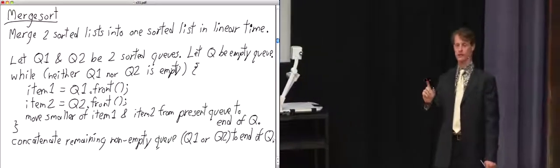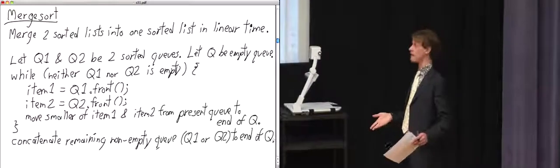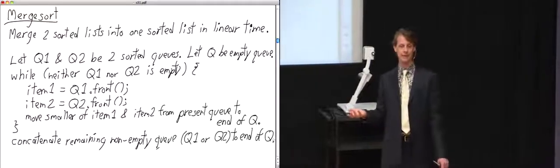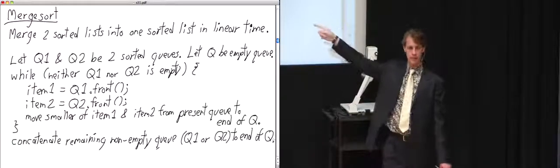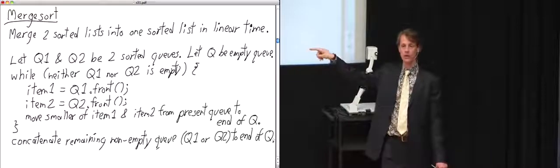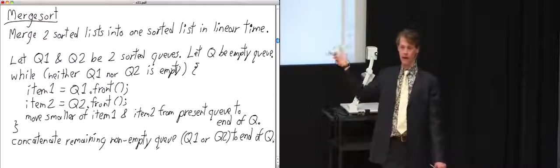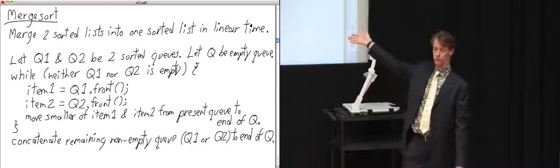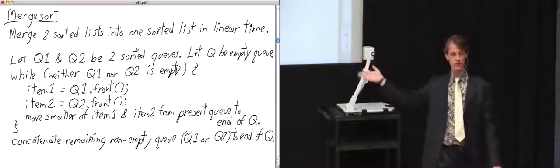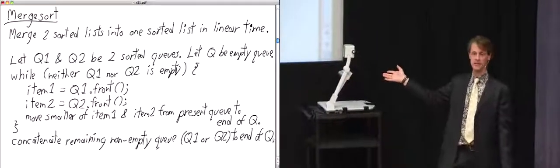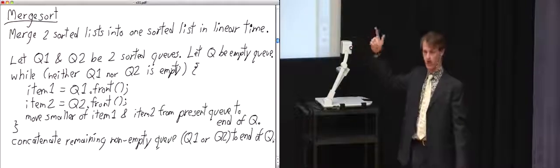There's just one difference. When you were computing the union of sets, if there was a duplicate item, meaning if there was an item in both Q1 and Q2, you would only have one copy of that in the output. Here, we're not doing sets, we're doing sorting. So if you have multiple copies of the same key, you copy all of them to the output. You don't get rid of duplicates.